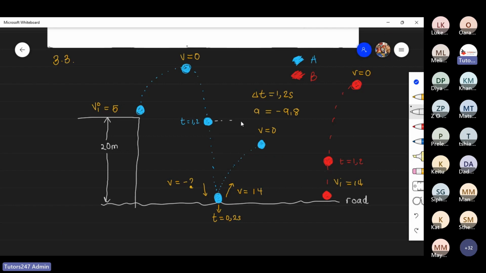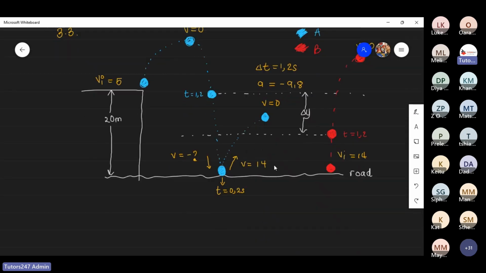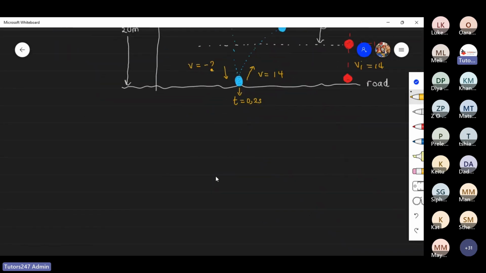If we extend their positions, we need to calculate the distance between them, let us call this delta y. We need to calculate the distance between ball A and ball B after 1.2 seconds. So let's start. Now, we are calculating distance. Let us write down our four formulas so we can see which is the best formula to make use of.